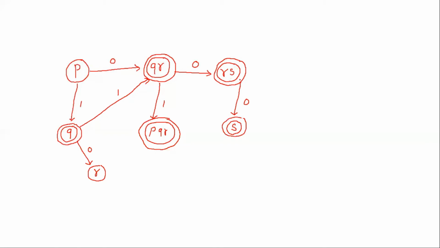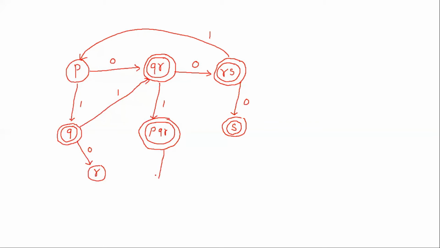Then RS for 1 goes to P because R for 1 goes to P and S for 1 goes to P. Then let us find out transitions from PQR for the input 0 and 1. So here delta P comma 0 union delta Q comma 0 union delta R comma 0. So it will go to QRS.